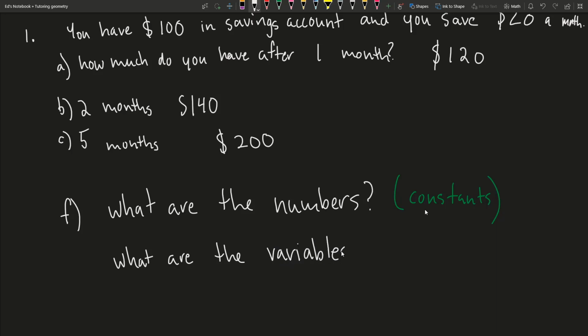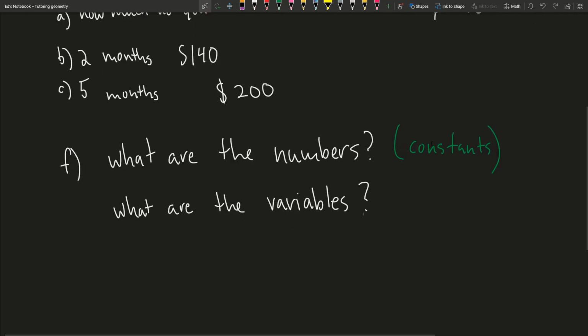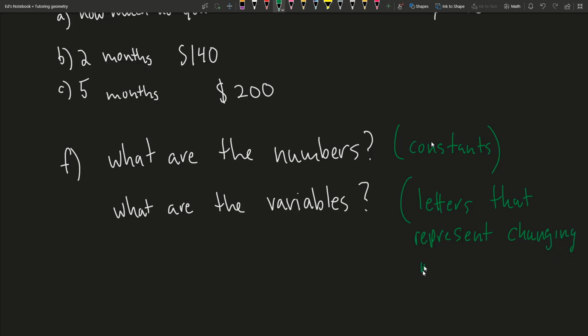And I hope we know what variables are from 7th or 8th grade. These are going to be letters that represent changing numbers. Usually. They can also represent other things, but for now we're going to think of them as that.